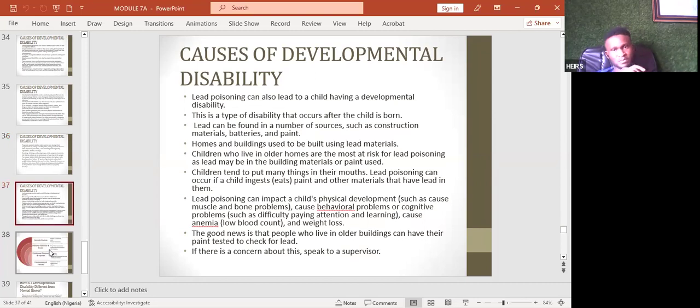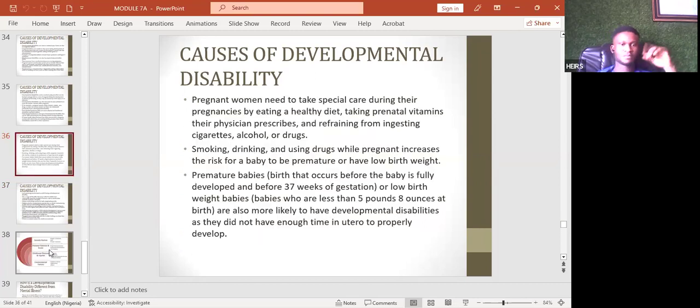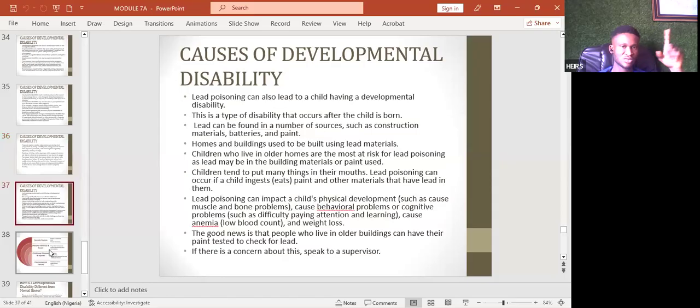Now, because they smoke, drink, and take drugs, the child will become poisoned. So this leads to poisoning, and this can also cause a child to have a developmental disability.